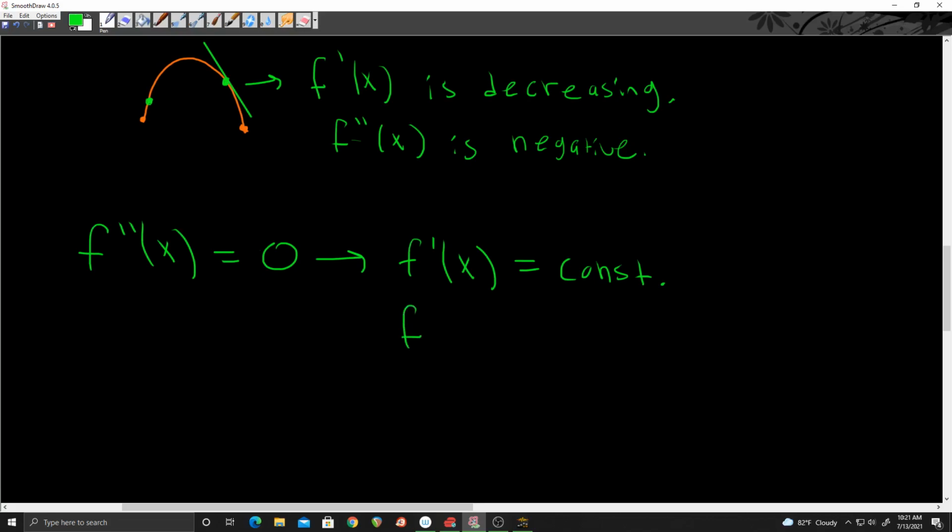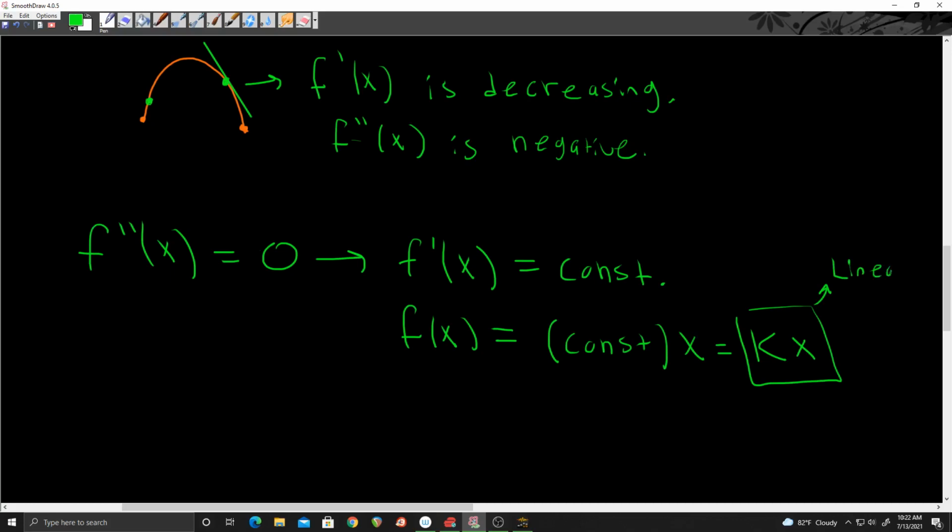What does that mean about f itself? If the first derivative is constant, then the function itself is going to be that constant multiplied by x. Just for the sake of this video, let's call that kx. What type of function is this, everybody? This is a linear function.